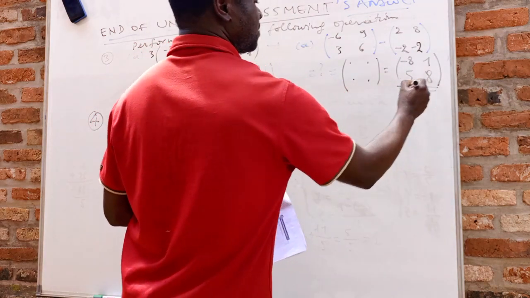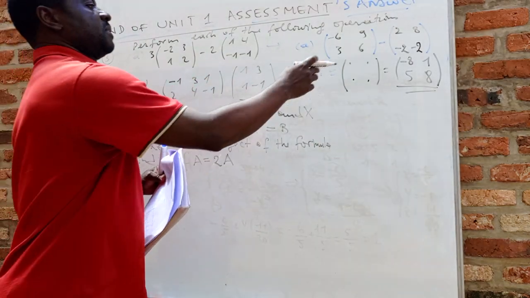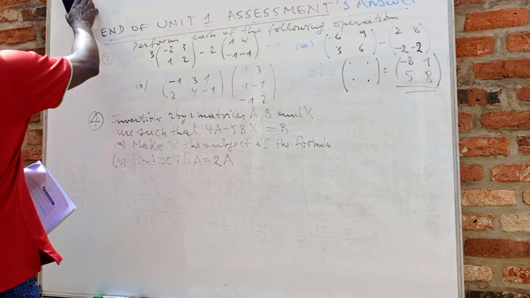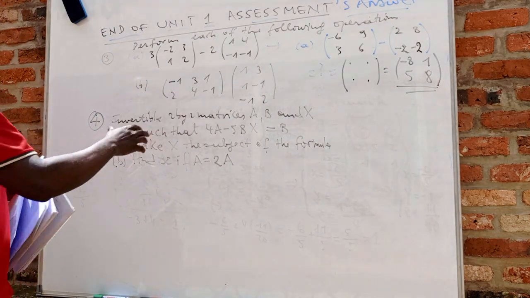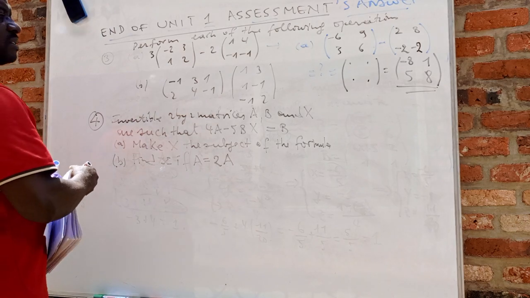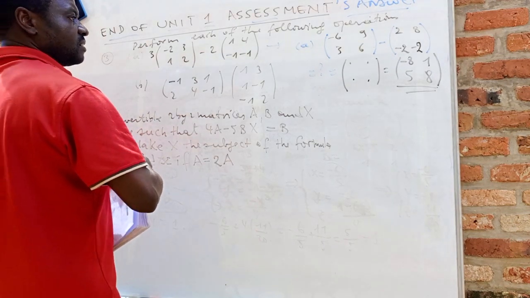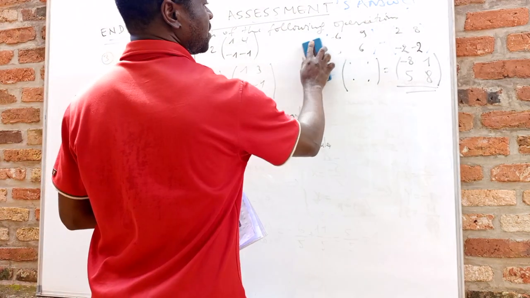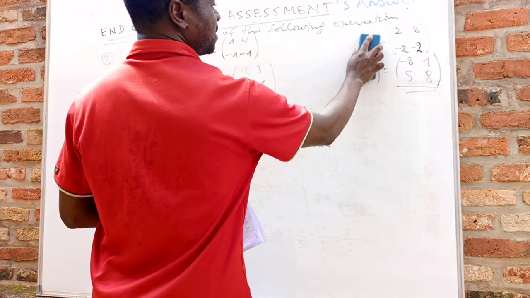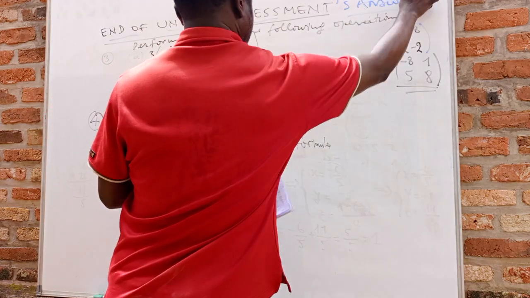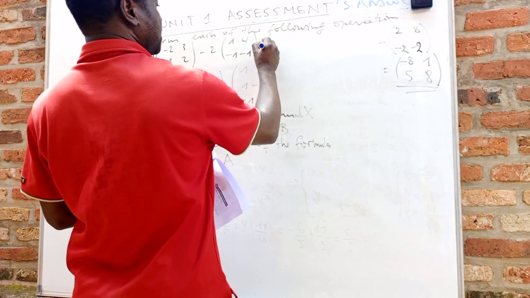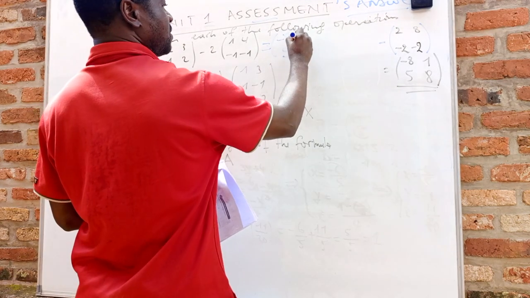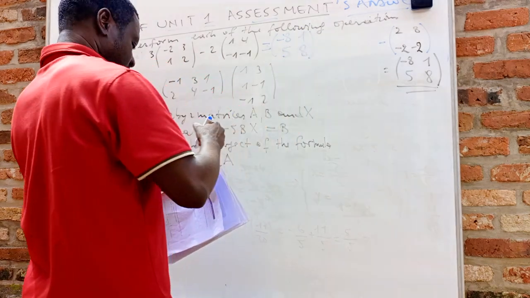So now the result is this matrix: [[-8, 5], [1, 8]]. We can save this answer for sub-question A as the result.